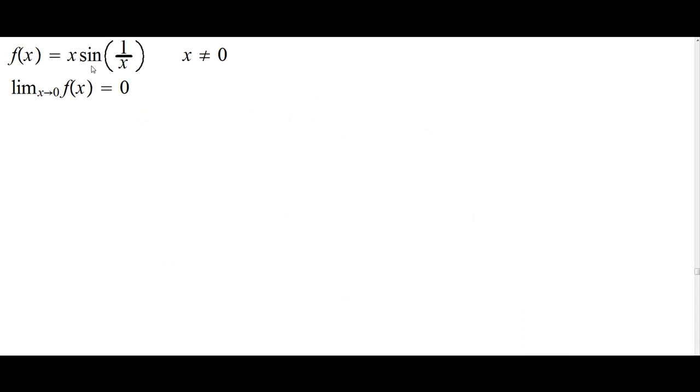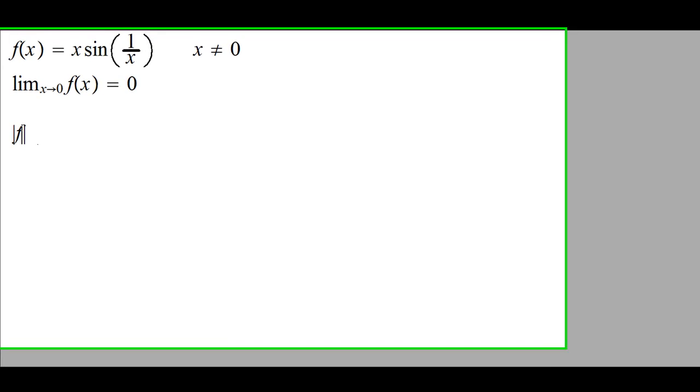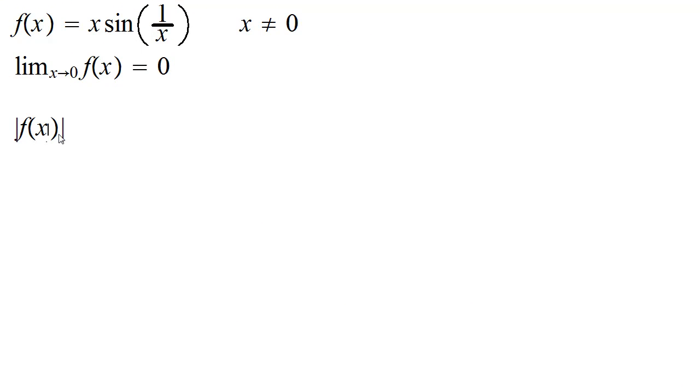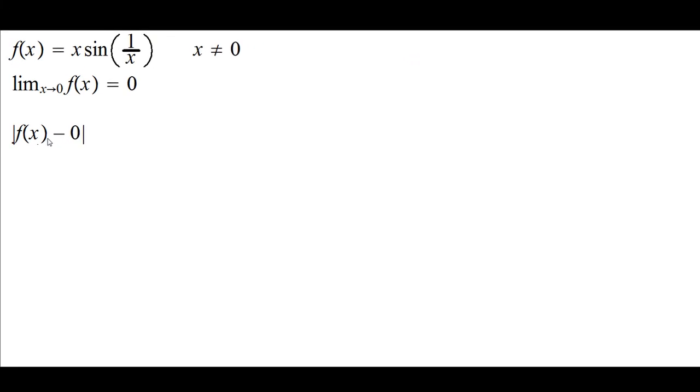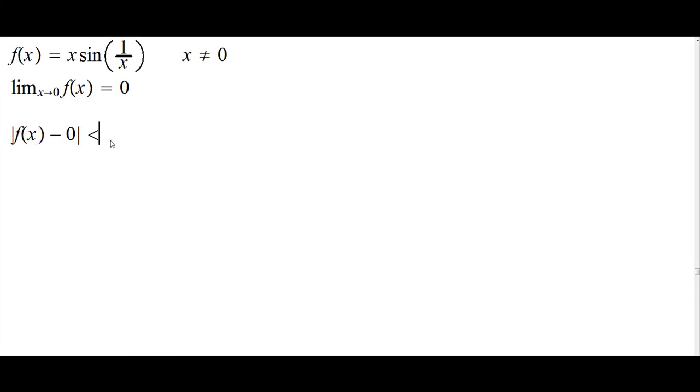So let's discuss this in terms of the formulation in which we discussed our earlier functions. For this function, x times sine 1 over x, where x is not equal to 0, what we saw is that the limit of this function as x goes to 0 is 0. Now, as in our earlier situation, say we wanted our function to be no farther than, let's take a small number, say 0.001 units from the limit.